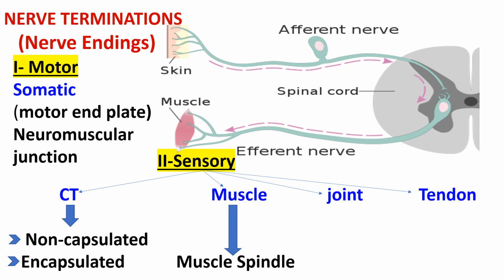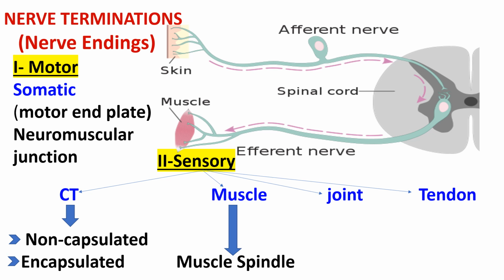Motor ending, two types, somatic. We're going to study somatic motor ending, which is ending on a skeletal muscle, and it is called motor end plate. It has another name, neuromuscular junction.